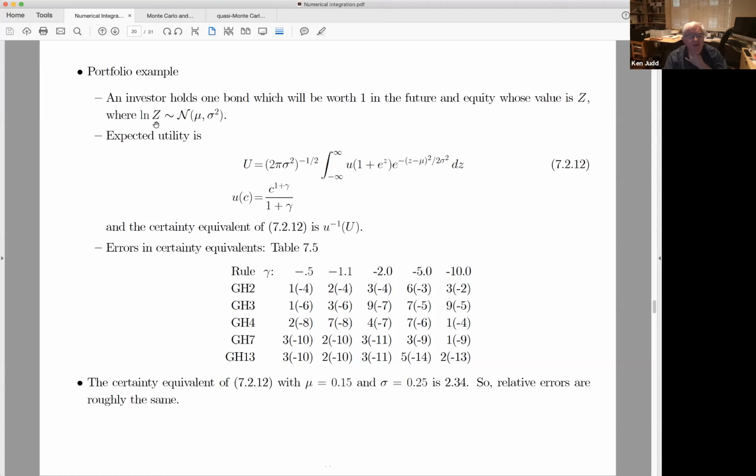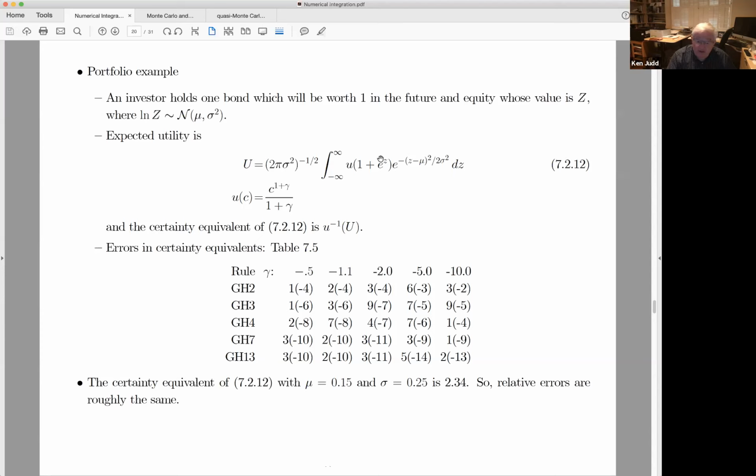Now the value of the stock tomorrow is capital Z, but log of Z is normal. So the value of the stock tomorrow is log normal. And so little z, which is log of Z, will vary from minus infinity to infinity.